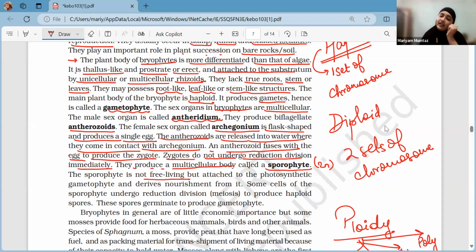It is attached to the gametophyte and derives nourishment from it. Now, some cells of the sporophyte undergo reduction division, that is meiosis, to produce haploid spores. The gametophytes produce gametes, sporophytes produce spores. These spores will germinate to produce the gametophyte.